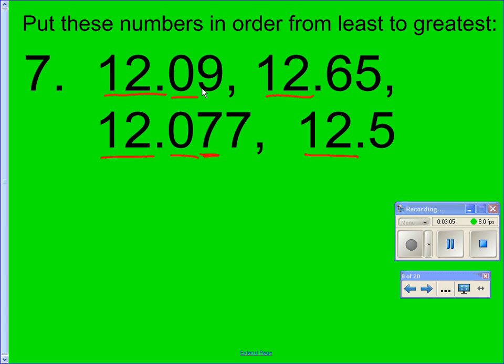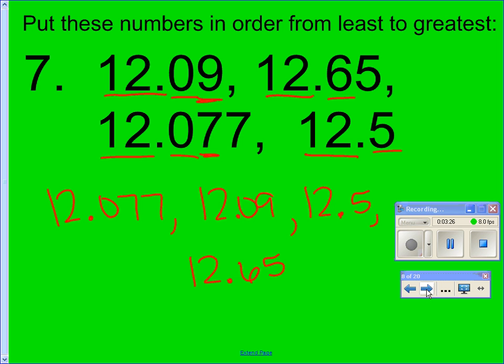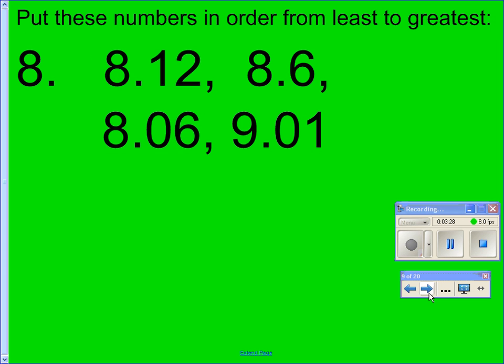But the 7 is smaller than the 9, so we have 12 and 77 thousandths, then 12 and 9 hundredths. The remaining two numbers, 5 is smaller than 6, so we have 12 and 5/10, and then 12 and 65 hundredths. Try the next one on your own.